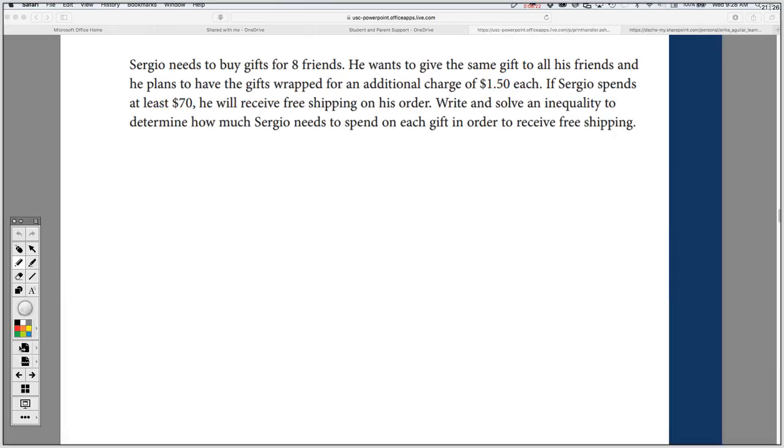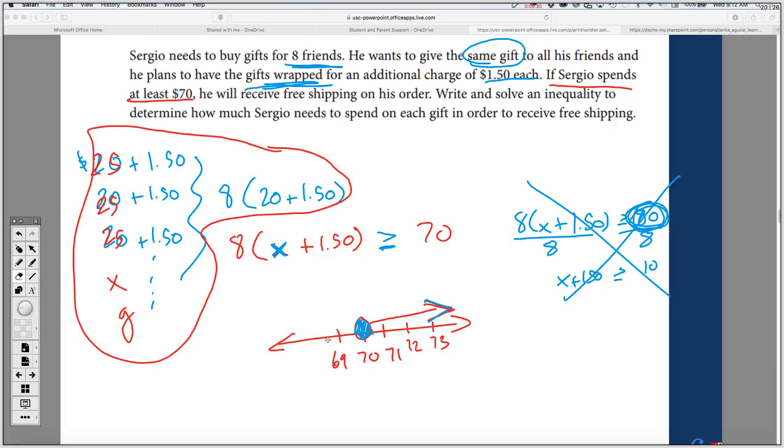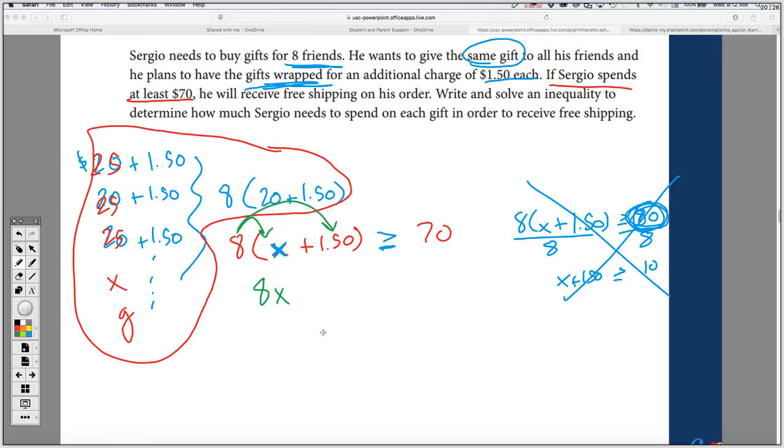Okay. So we are going to say, what is 8 times x? 8x. What is 8 times $1.50? 12 bucks. 0, 40, 8, 12. And then, why did I put the decimal right there? Because you have money and you have a decimal there.